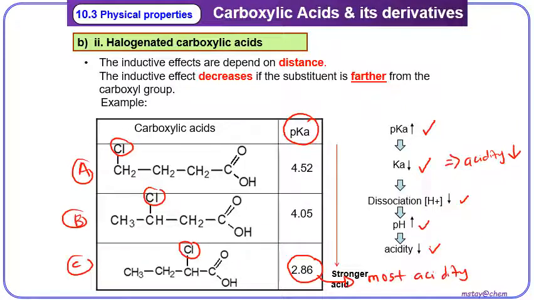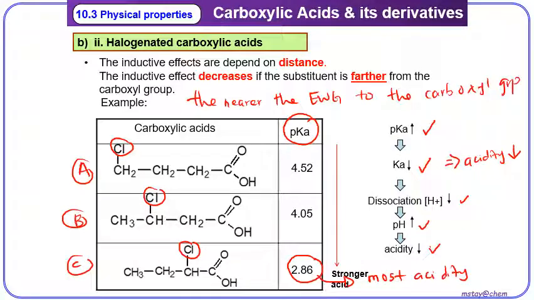We know that the nearer the halogen, the EWG, is to the carboxyl group, the acidity increases. So it is very obvious this Cl is the nearest to the carboxyl group, so the pKa value is the smallest, which indicates it is the most acidic.